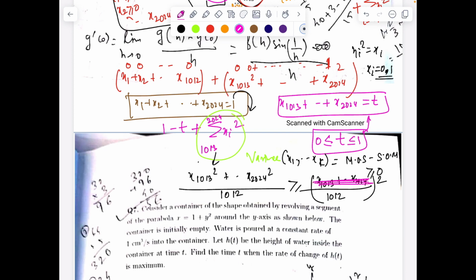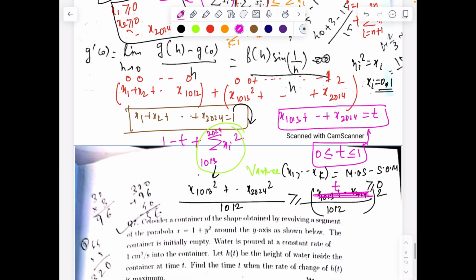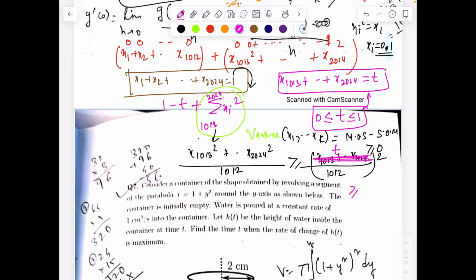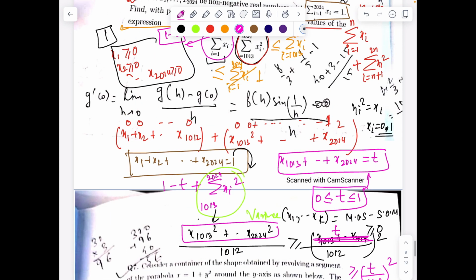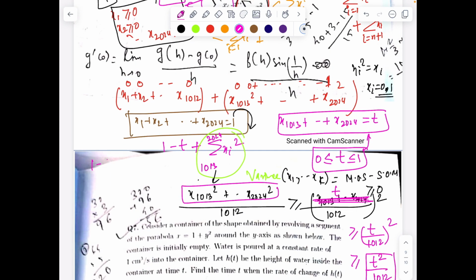This given quantity is t, right? So this will be greater than or equal to (t by 1012) whole square. So we show this sum of squares will be greater than or equal to t square by 1012. So we have this expression.